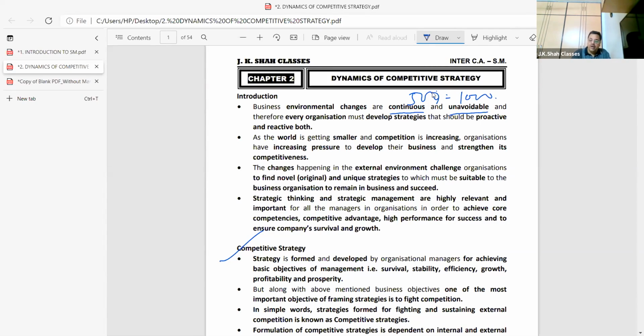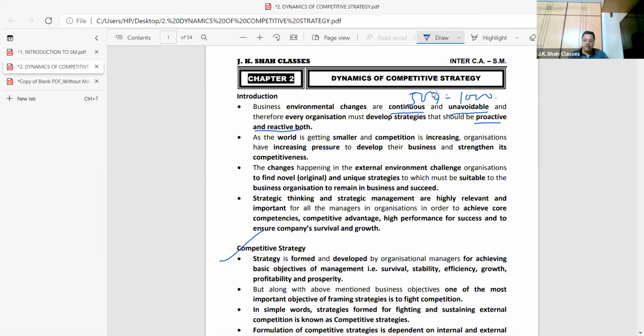And therefore, every organization must develop strategies, and should be proactive and reactive both. But you are supposed to prepare strategies before the actual problem happens. And many times, if you are unaware, then you should be ready with reactive strategies. The world is getting smaller and competition is increasing.